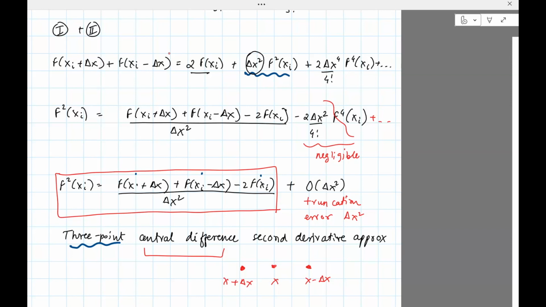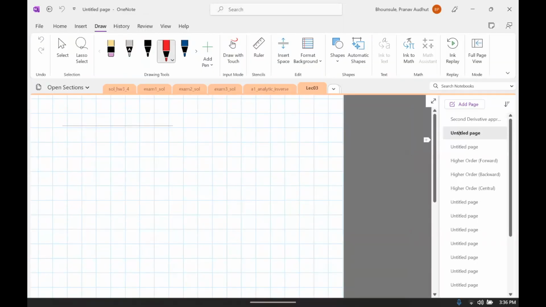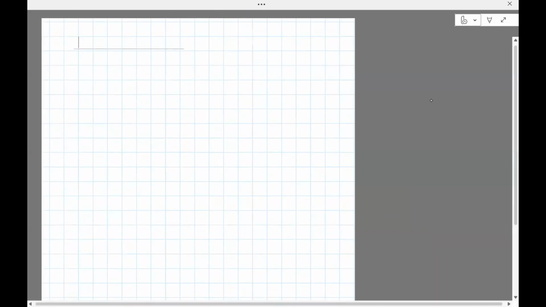Now you could also derive other expressions for the second derivative, and I'll write 2 more of these expressions, and I will leave it to you to figure them out.